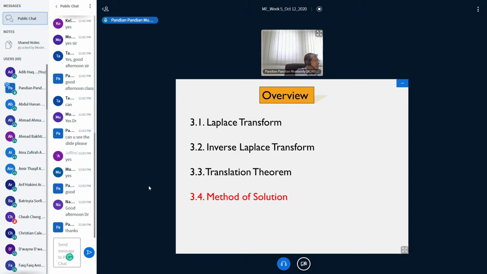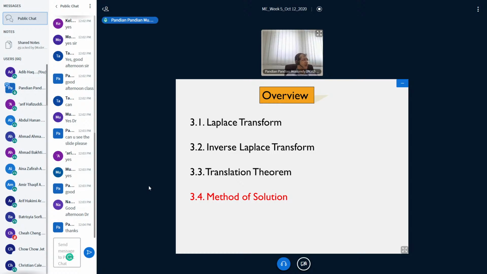There is one section we missed in section 3.3. That is the inverse first translation theorem and unit step function.